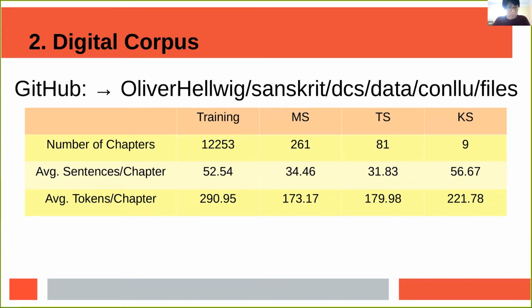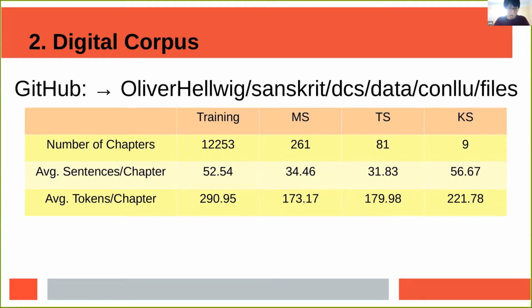As for the digital corpus, just as last year, I used the same Sanskrit corpus of Dr. Hellwig, which you can find on his GitHub page. The information about the training corpus and target text is as you see here.